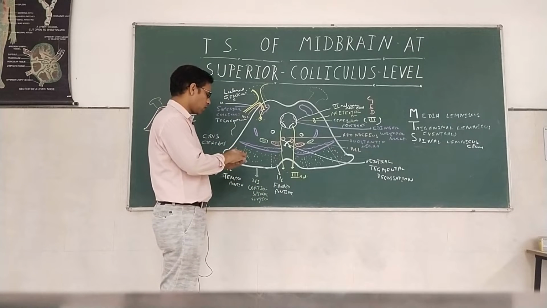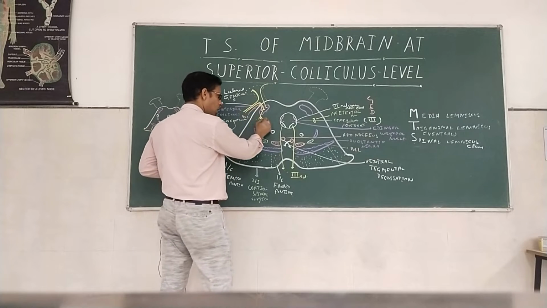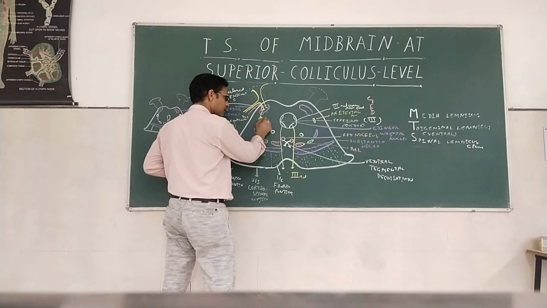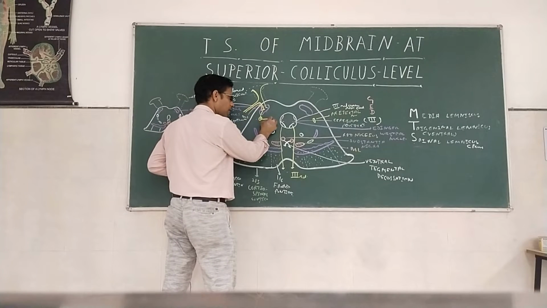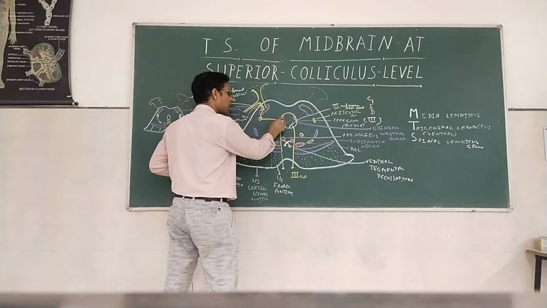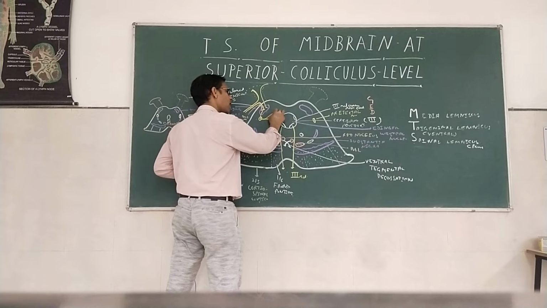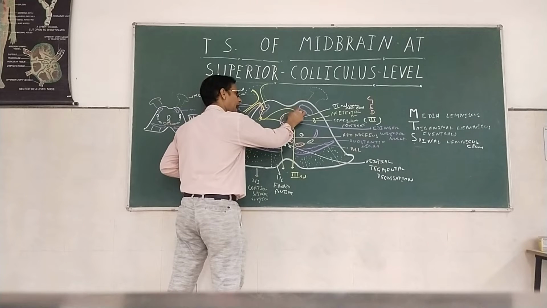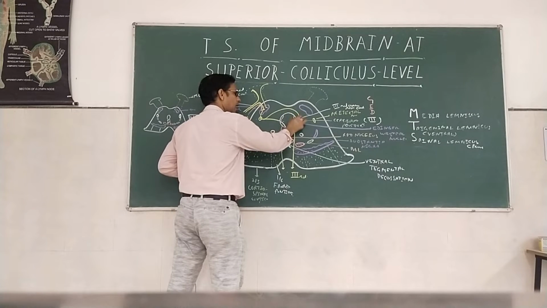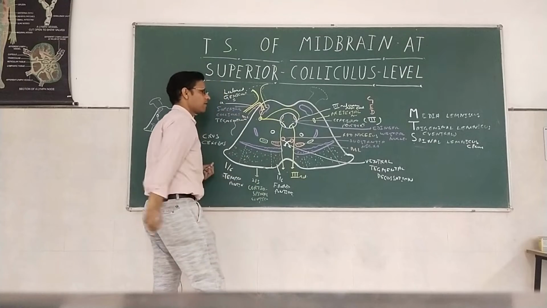This pretectal nucleus not only projects fibers to the ipsilateral Edinger-Westphal nucleus, the same fibers also go and encircle and relay on the other Edinger-Westphal nucleus.